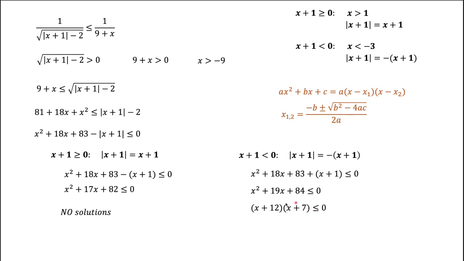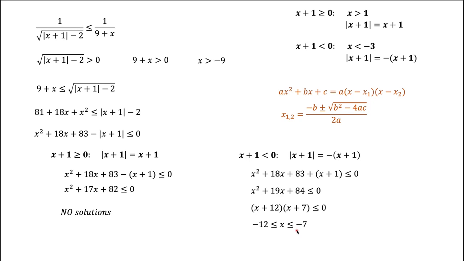When the second parenthesis is less or equal than 0, in this case x is less or equal than minus 7, and the first parenthesis is greater or equal than 0, in this case x is greater or equal than minus 12. To satisfy both conditions, we have to have x in the range from minus 12 to minus 7.